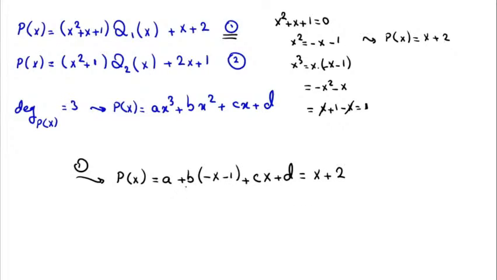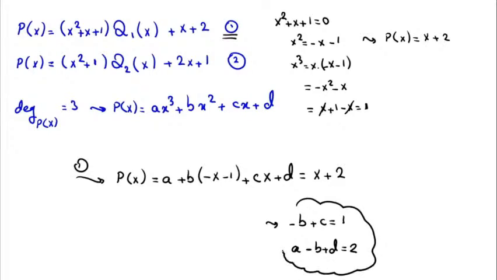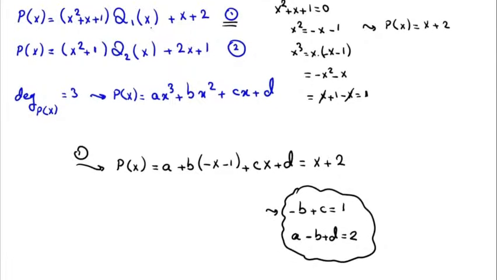Now here, a minus the coefficient of x on the left-hand side is negative b plus c equals 1. And the coefficient of the constant term will be a minus b plus d equals 2. Okay, we have these terms. Now, if I find a, b, c, d that satisfy this, it's good. We can work on the first equation.